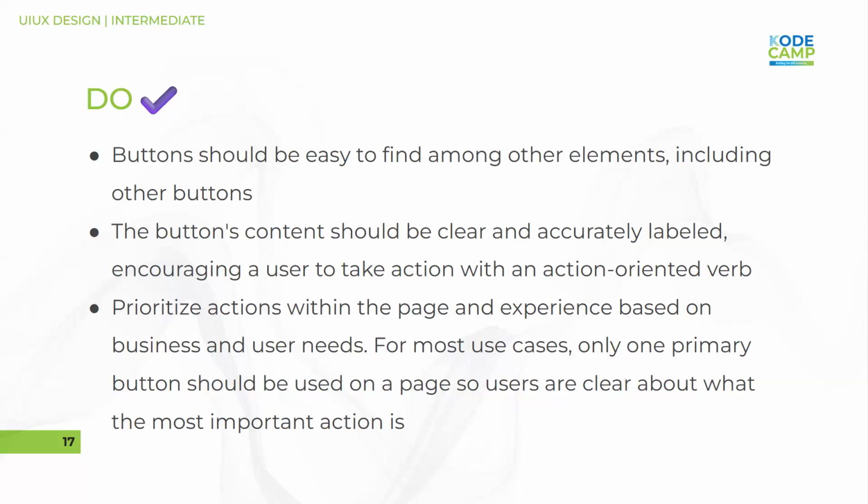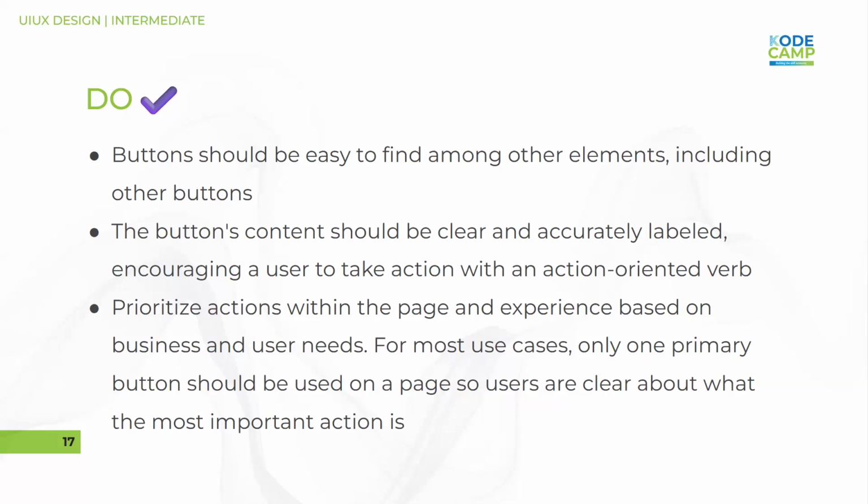As we proceed, we are going to understand this better. Then prioritize actions within the page and experience based on business and user needs. For most use cases, only one primary button should be used on a page, so our users are clear about what the most important action is.